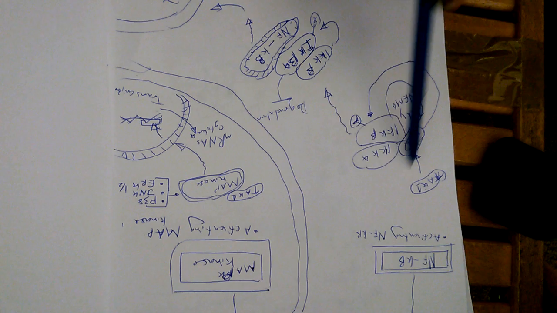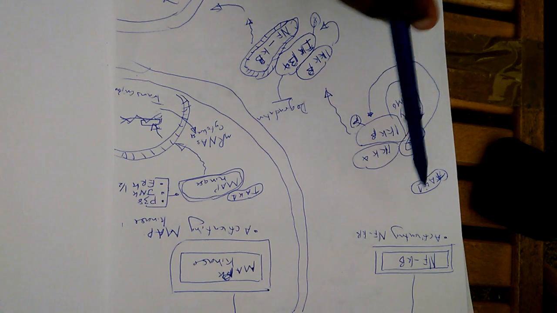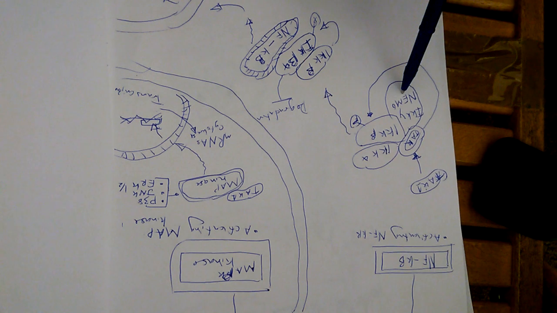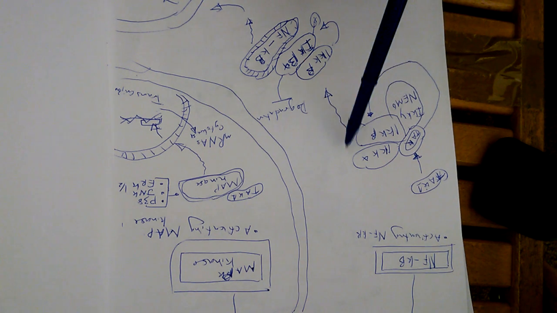As for NF-kappa B, TAK1 goes ahead and binds to a complex called IKK gamma, IKK beta, and IKK alpha.